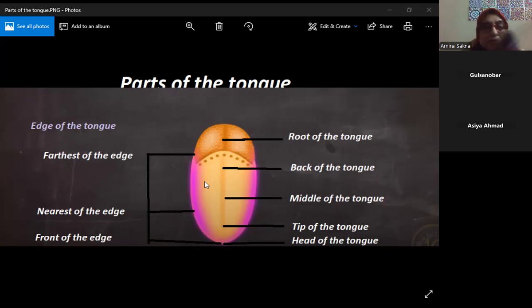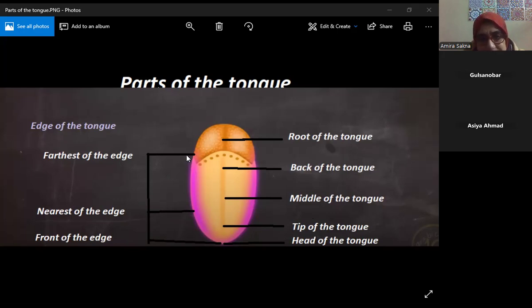Regarding the edge of the tongue, which is colored in pink, it is divided into 3 main areas: the farthest, the nearest, the front. Nearest, it's here in the middle, between the middle of the tongue and tip of the tongue, regarding the other division. Front of edge, it's equal to the head of the tongue, okay?